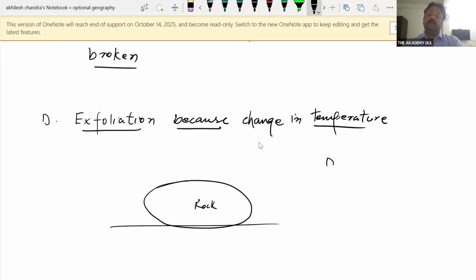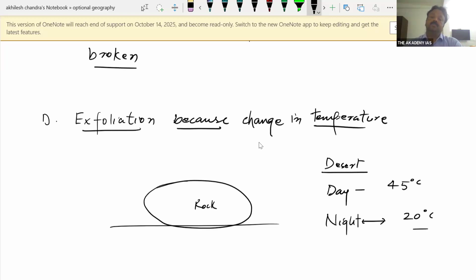In desert area, days are hotter. So we happen to have 45 degrees centigrade temperature, and the nights are colder. Let's say 20 degrees centigrade temperature. So cold nights occur in desert and hot days are there in desert.